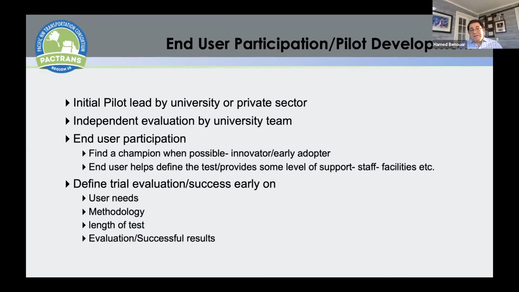The initial pilot should be led by either the university or the private sector. Sometimes it could be the university if it's a project that is seeking some private sector participation, and they can attract the private sector to come later on. Sometimes the private sector participates early on.